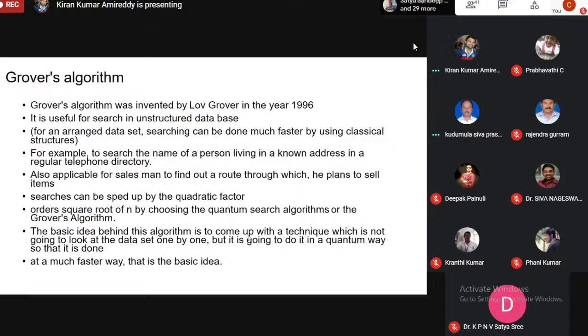So in that way, Grover's algorithm will be very fast. It operates at a speed of root n times faster than a classical computer. But the procedure is similar. Except for the speed, the remaining algorithm, how we are comparing, how they are searching, is very much similar. The analogy is the same, but the process is different.